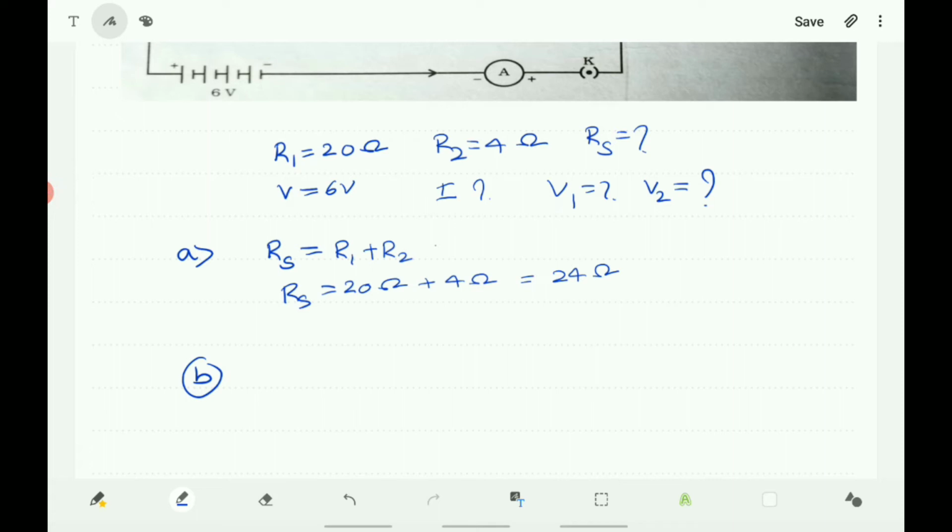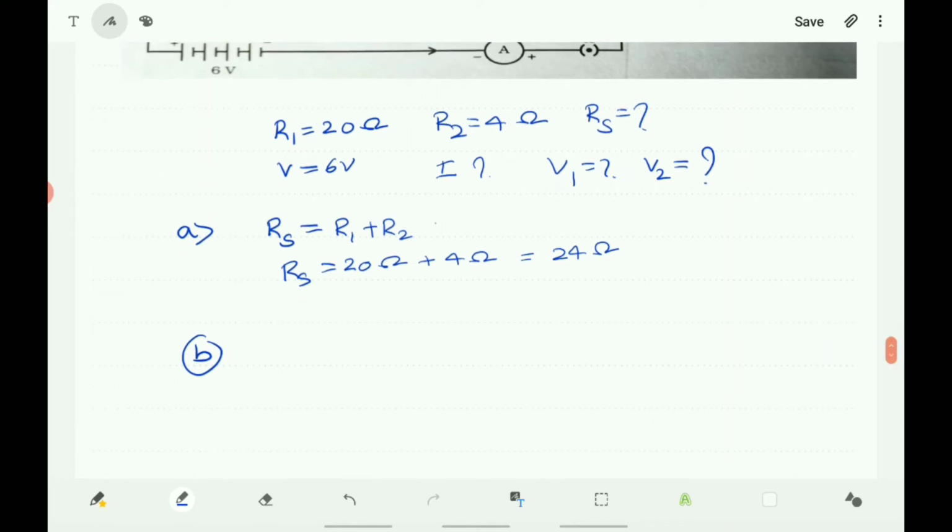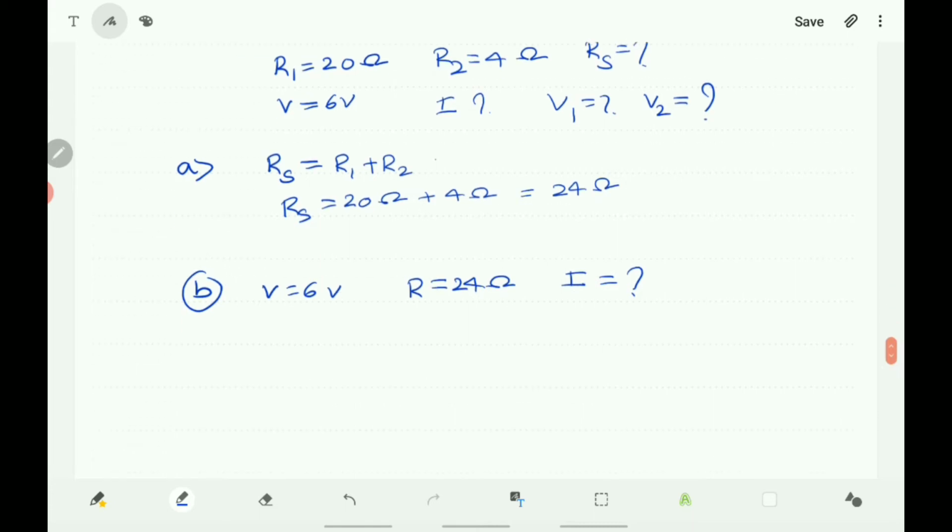Second, to find the current through the circuit: the total potential difference across the two terminals of the battery is 6 volt, that is V is equal to 6 volt. And the total resistance you got, R is equal to 24 ohm. We have to find out the current through the circuit.